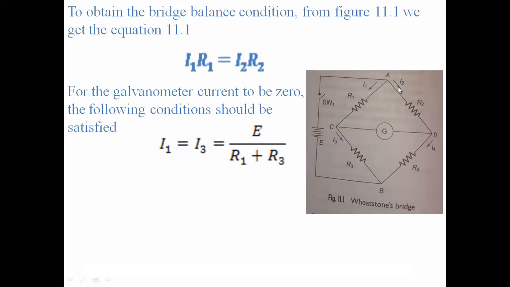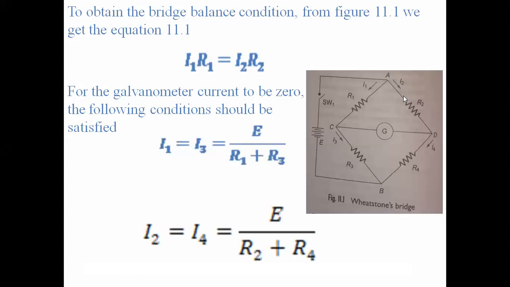Similarly, I2 is equal to I4. For this case, we will obtain E, that is the applied potential E, over R2 plus R4.